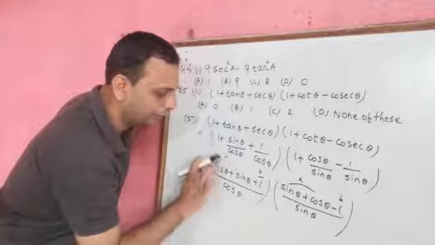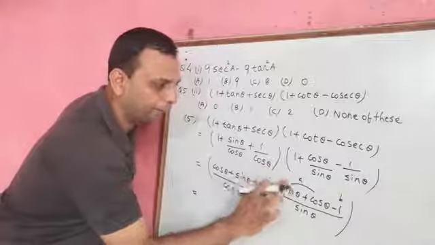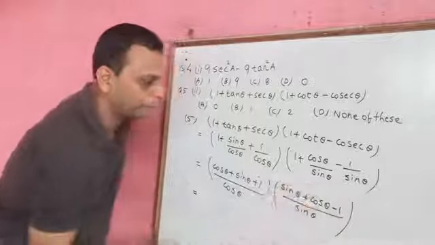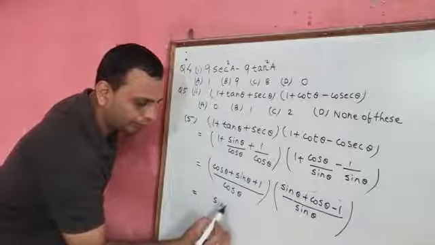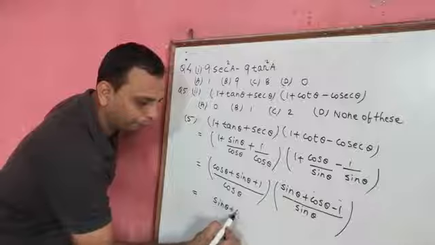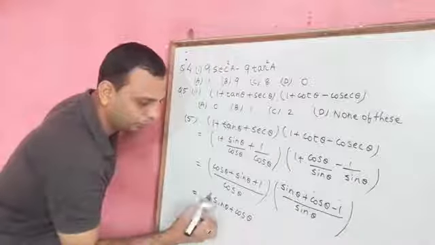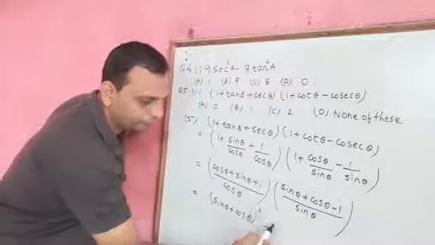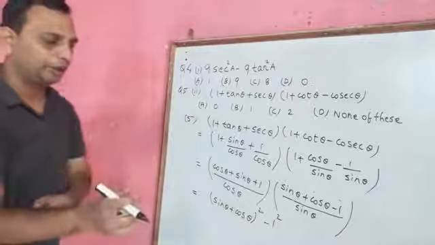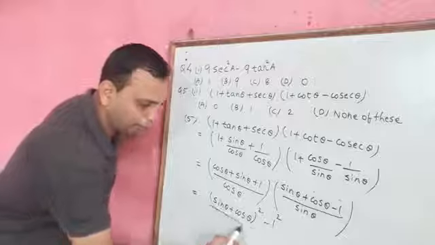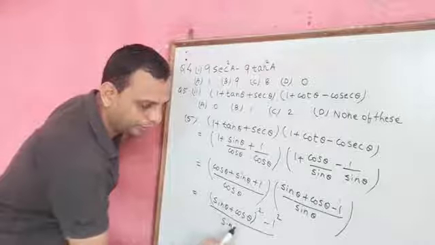So this will be equal to what? A plus b times a minus b equals a square minus b square. We can write here sin theta plus cos theta whole square minus 1 square, because the b value is 1. A square minus b square upon sin theta multiply cos theta.